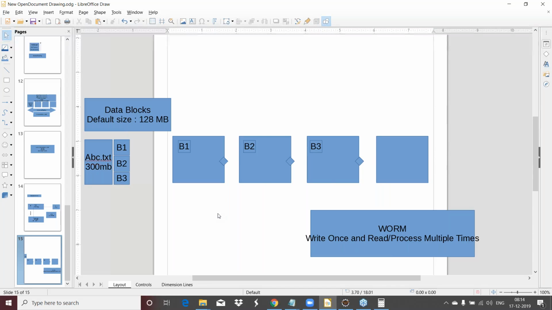So if you look at the solution very carefully, what is happening is we have transferred our processing logic to these three machines. What we wanted to do is process this abc.txt file, and because of that we were processing block B1, block B2 and block B3.